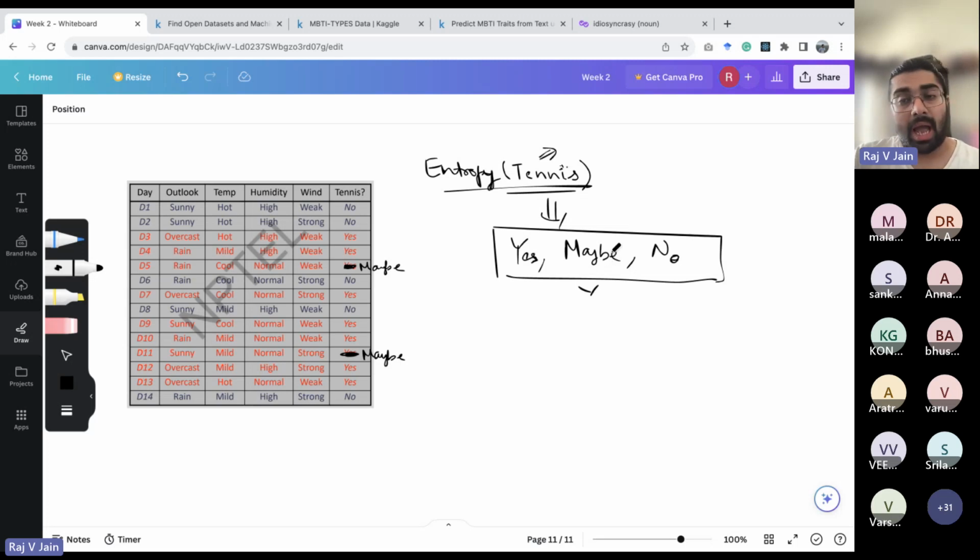So I cannot assign a probability to the value of the random variable. I want the probability that tennis as a random variable takes the value maybe.